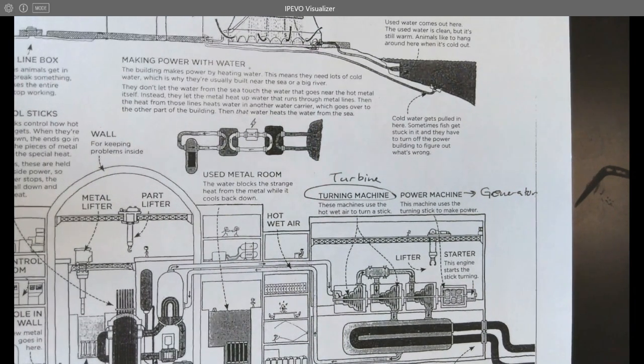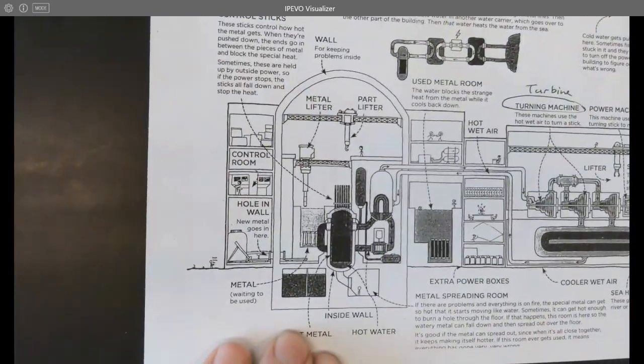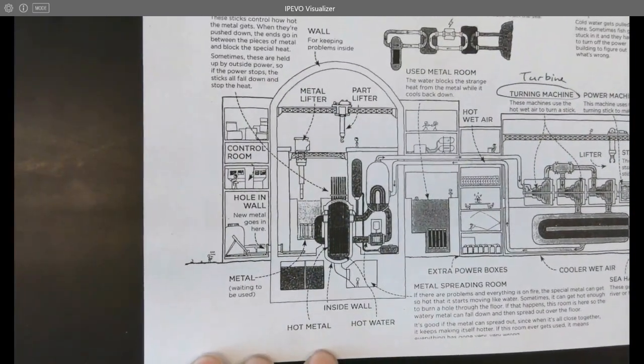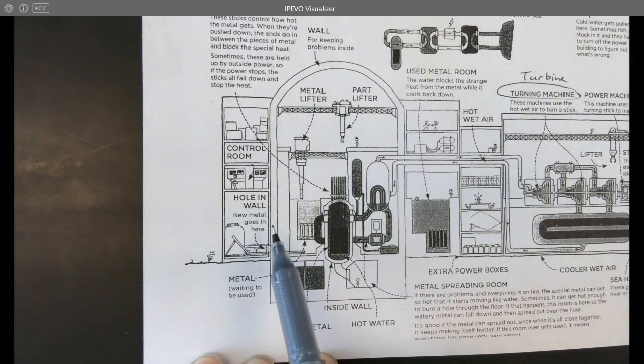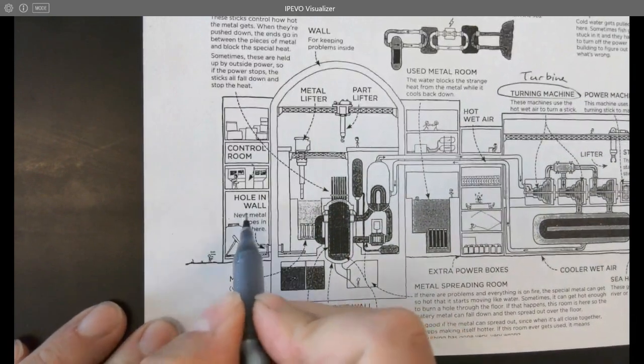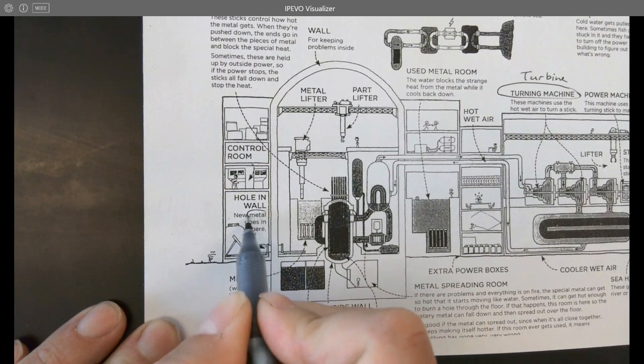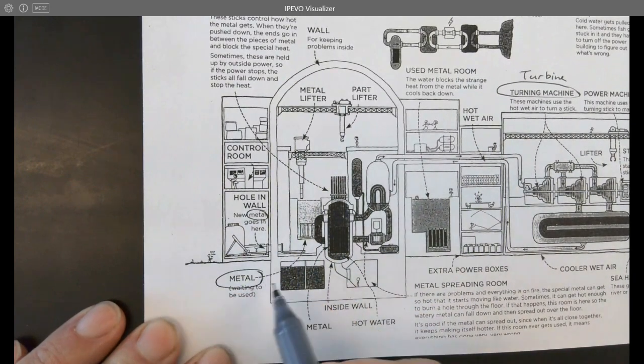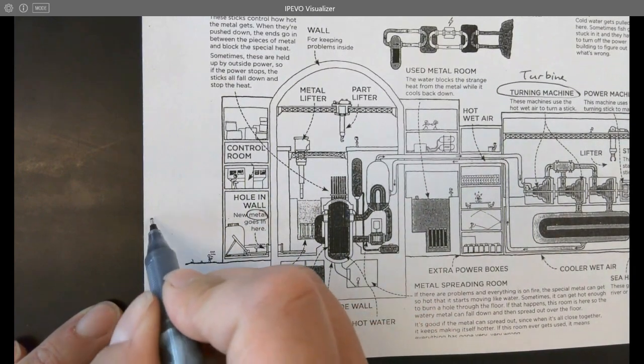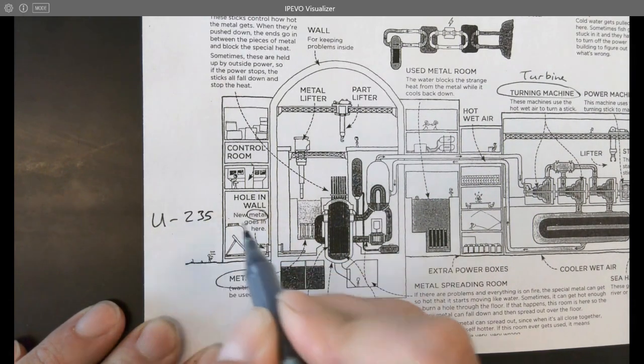Julia. If you go on the bottom left, it says whole in wall metal, that's uranium. Okay, good. Anytime it's talking about the metal, that's the uranium-235. Good.